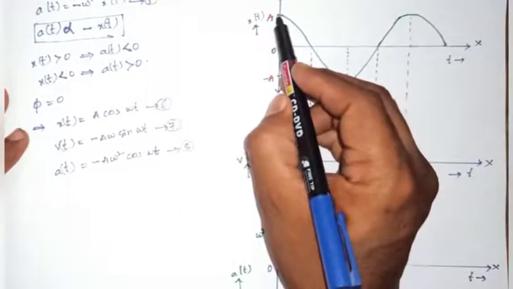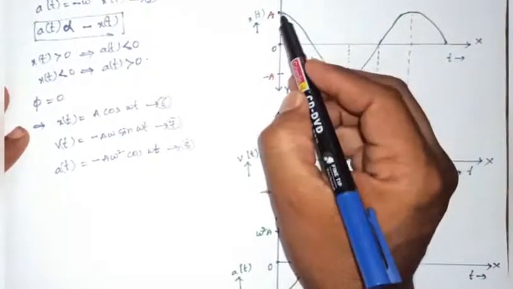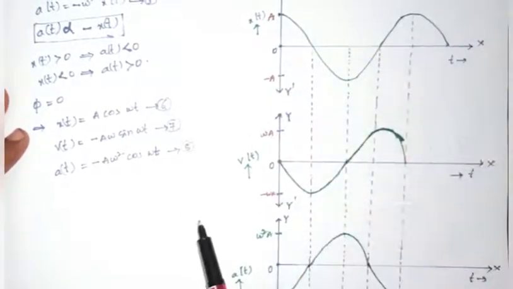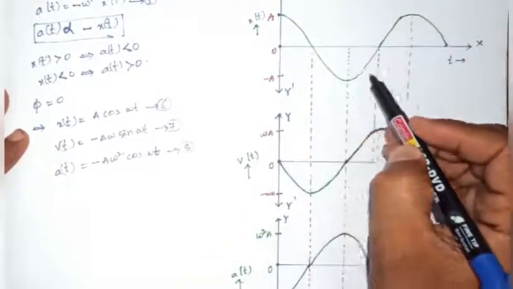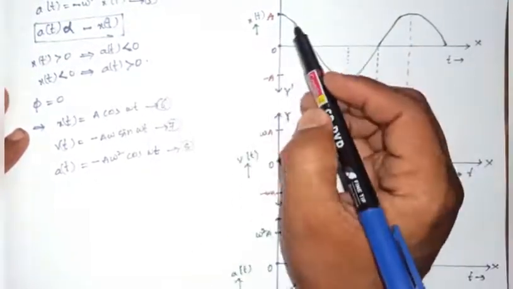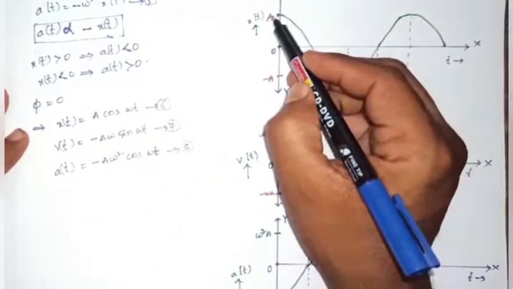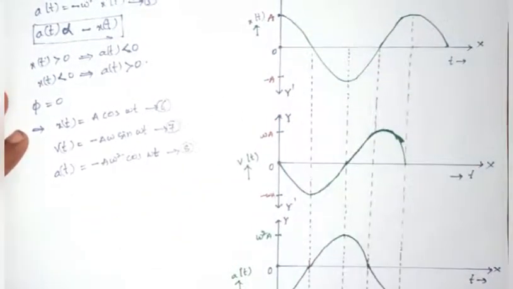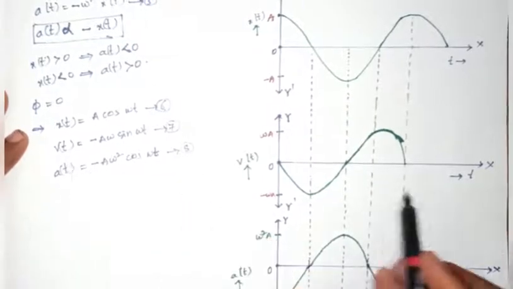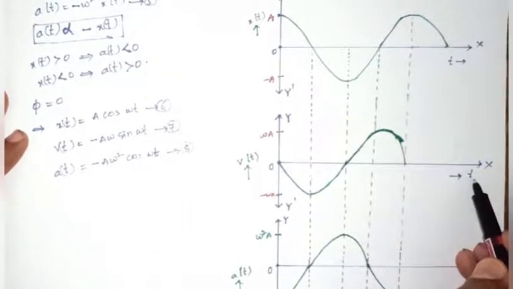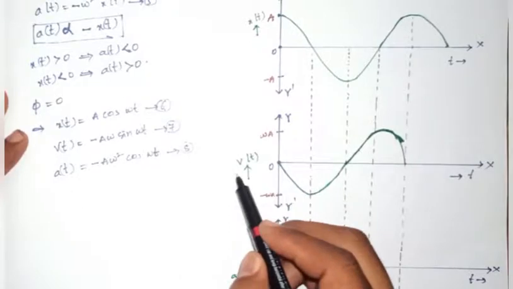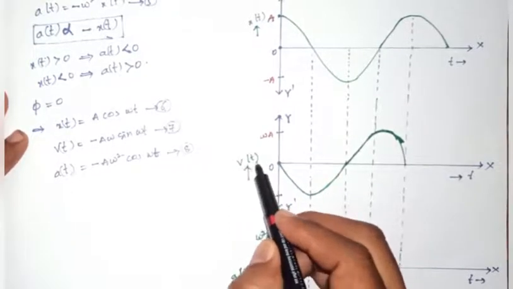It starts from the positive amplitude, plus a. Then it varies sinusoidally, from plus a to minus a.